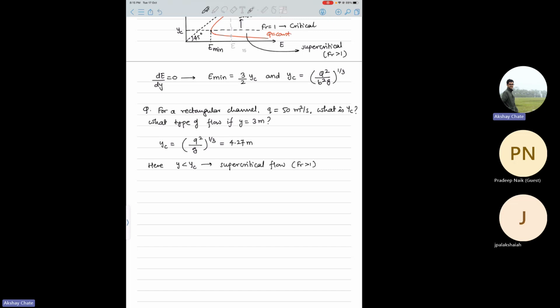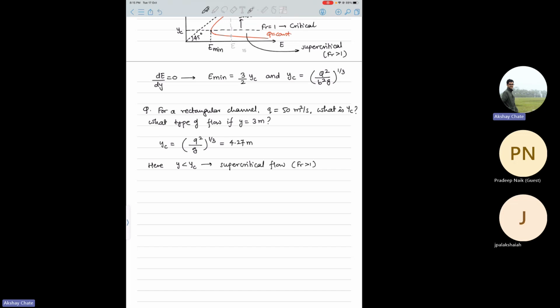I think in class also, sir has given you the table. You can refer to it. Depending on the Froude number, if the upstream Froude number is high, the dissipation of energy in the hydraulic jump will be higher. If the Froude number is, let's say, 10, and in another case the Froude number is 2, then when the Froude number is 10, more of the flow energy will be dissipated in the hydraulic jump as compared to Froude number 2.